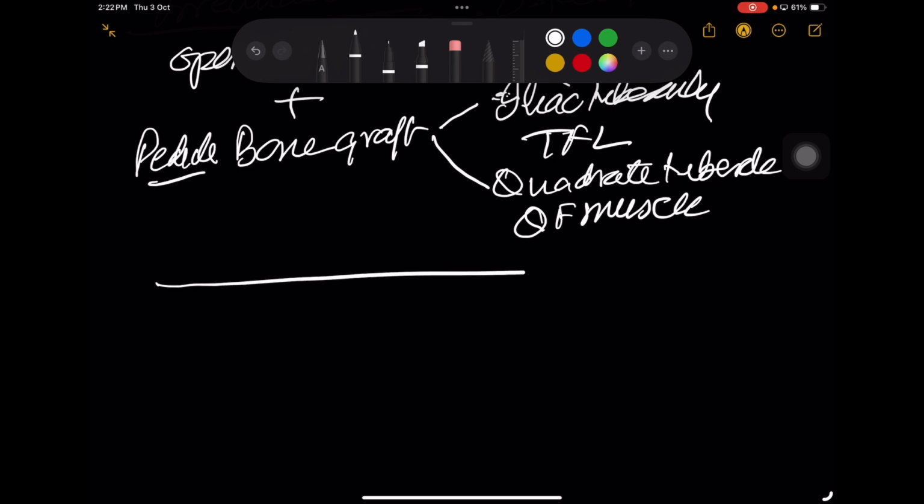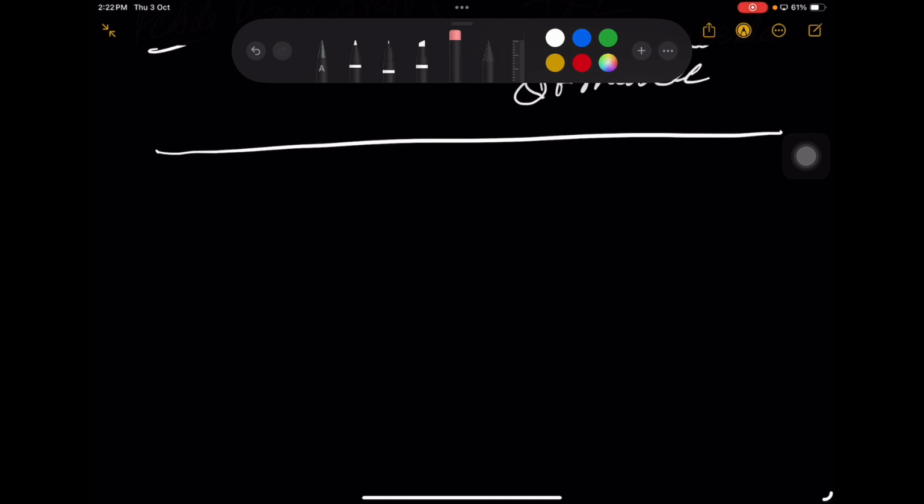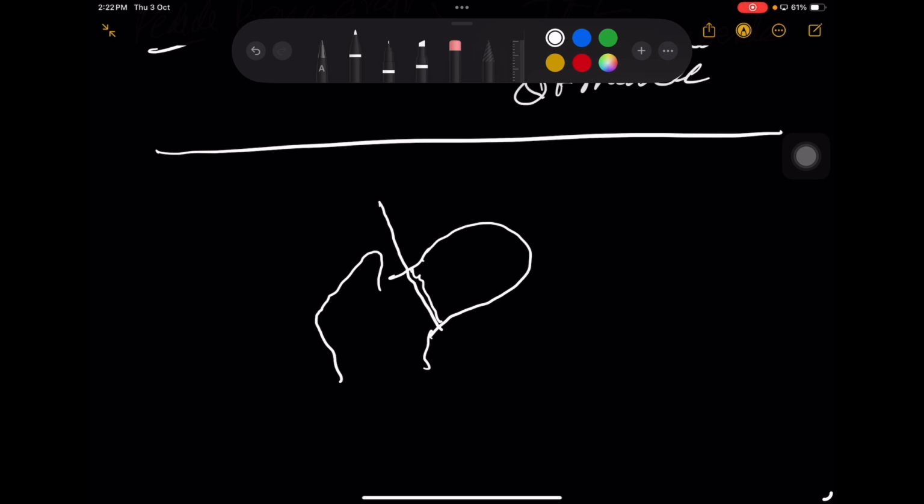Another alternative for irreducible fracture is this: here is the head, here is the trochanter, and here was your fracture with a lot of Powell angle, a 70-degree Powell angle.